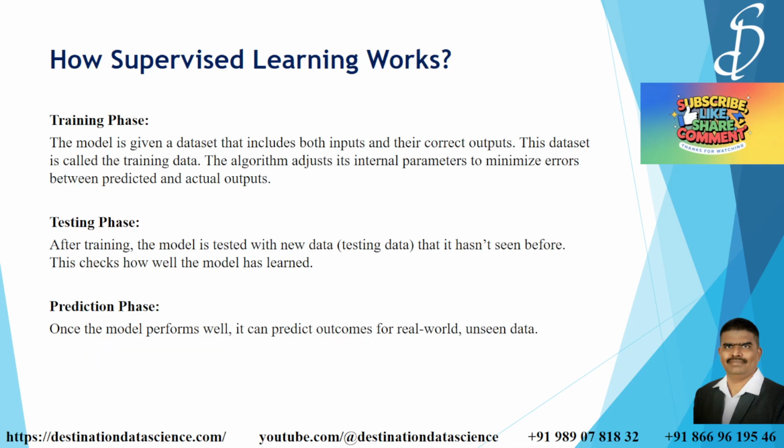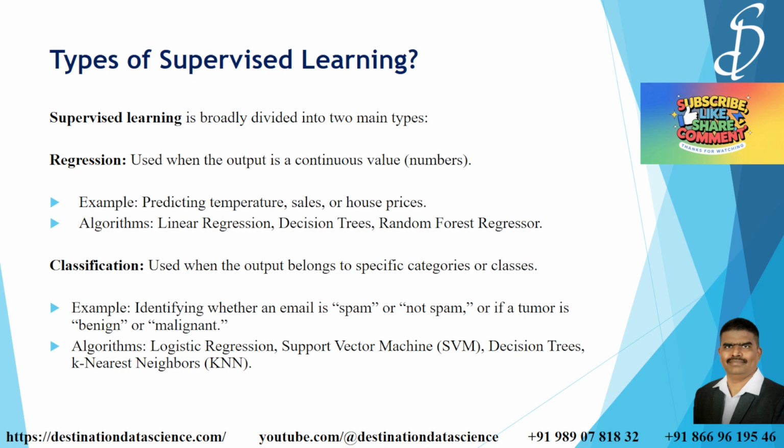Particularly for supervised learning, the training phase involves input and the correct output data. Other than that, when you talk about unsupervised learning and reinforcement learning, the situation will be a little bit different.